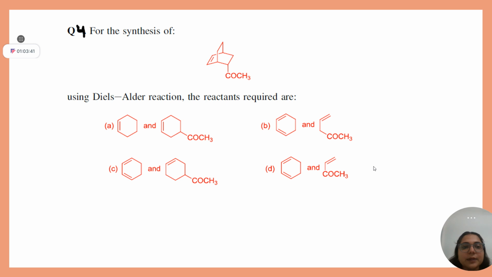Okay. Tell me, for the synthesis of this molecule, which starting material will you take for this Alder reaction? Give me a second, I will check which one is possible. A is omitted, ma'am. Take 1 minute, A is omitted, and then come with the correct answer. Okay, take your 1 minute.